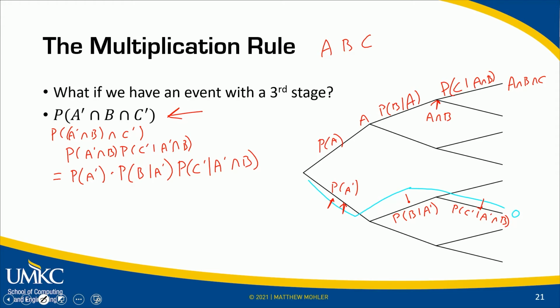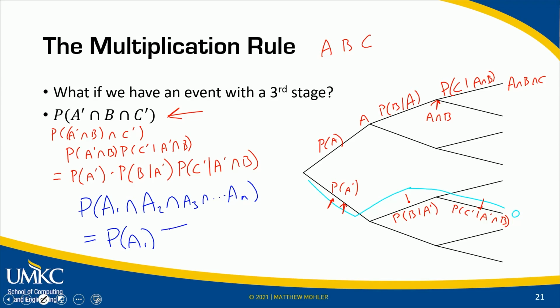So if we wanted to generalize this, we can go so far as to say that the probability of any series of A sub i's, so we'll say the probability of A sub 1 intersected with A sub 2 intersected with A sub 3 all the way out to A sub n, is equal to the probability of A sub 1, which we pull out for simplicity, times a product from i equals 2 to n.